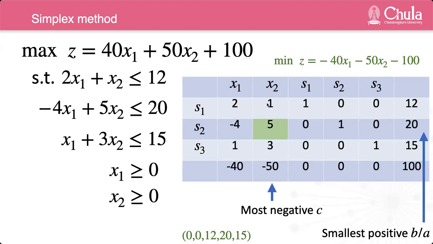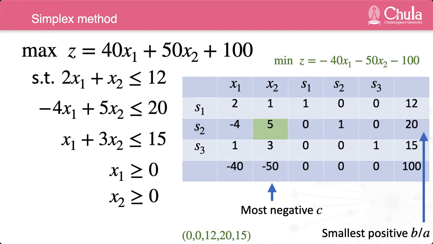Because we know that x1 and x2 are both 0. So what is the value of S1? 12, right? Because these terms become 0, 0. Then S1 must be 12.